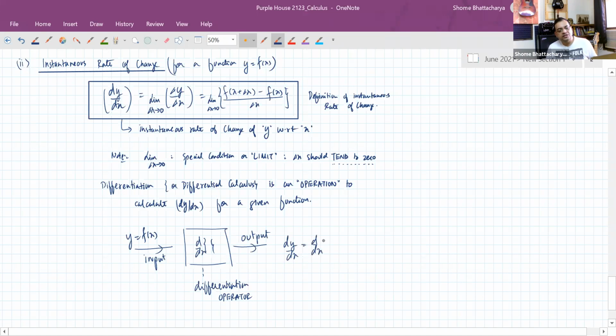That is the differentiation operator applied to whatever function y is of x. So we input a function and the output that we get is the instantaneous rate of change of that function.